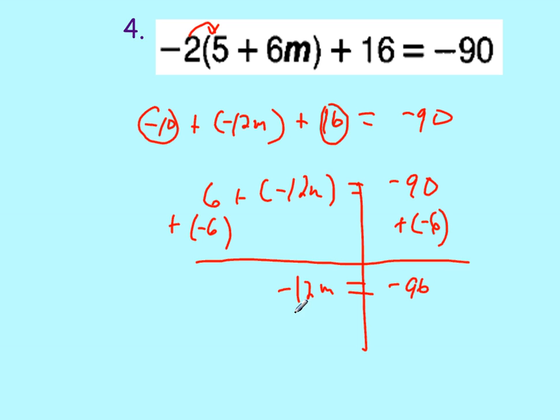So we're going to divide by negative 12. And we're going to get m equals, well, negative divided by negative is a positive 8 is our solution.